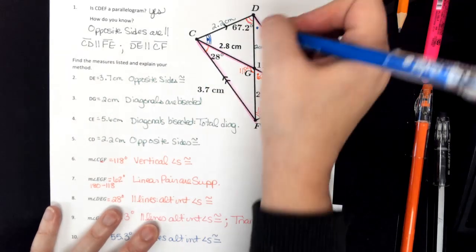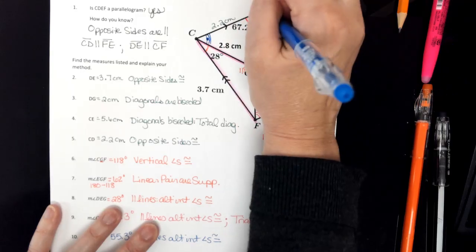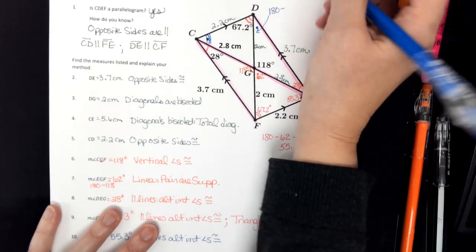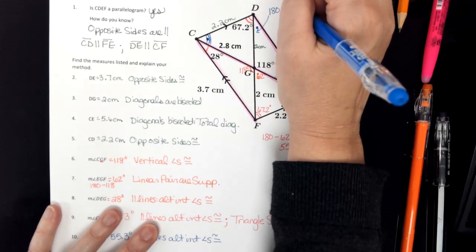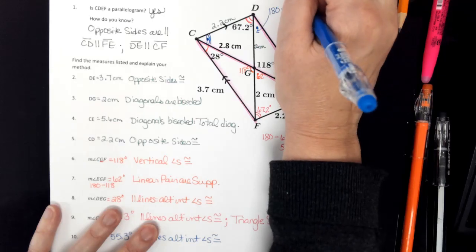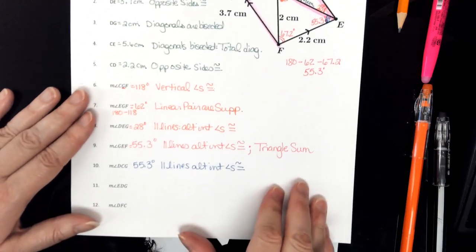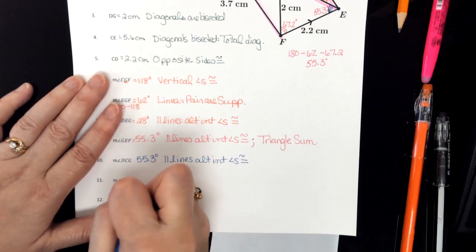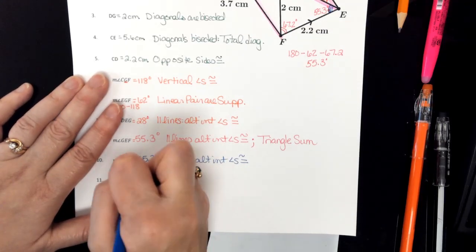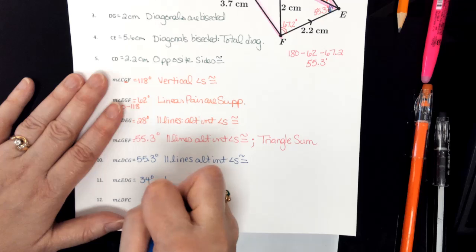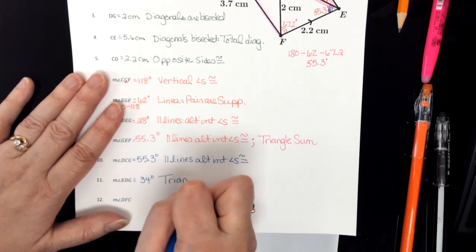I need to find the missing one. So this missing angle is part of my triangle sum. If I take 180, subtract 118, subtract 28, I end up with 34 degrees. So this angle is 34 degrees from my triangle sum.